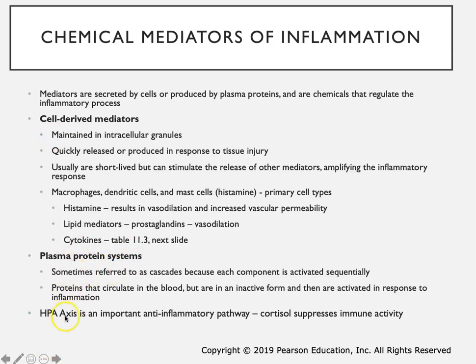Also a reminder, and I could have included more detail here, but I'm just going to leave it at that: the HPA axis. Remember we talked about this in our stress chapter. The hypothalamic-pituitary-adrenal axis, when induced by stress, causes the adrenal gland to release cortisol. Cortisol is a type of glucocorticoid. Glucocorticoids in general suppress immune activity, so cortisol has an anti-inflammatory effect.